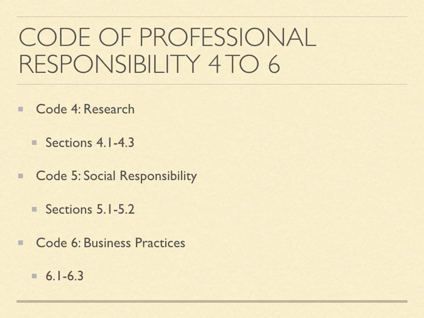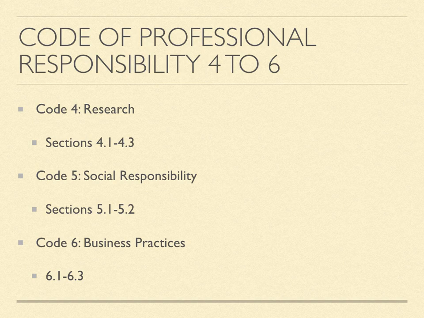Then our Code of Professional Responsibility 4 through 6. Code 4 is research. Now, a little clue on this. I think almost everybody in this class has completed the research methods class. So that's your artifact. Your final paper in your research methods class would be a good artifact for Code 4.